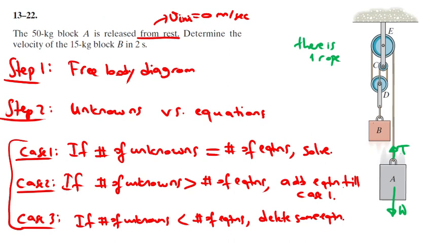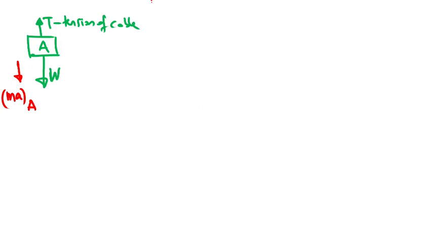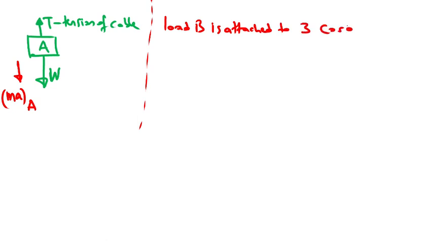Then comes case B. Case B is a little bit different because you can see that A is supported by this structure, but B is supported by 3 structures. So load B is attached to 3 cables, 3 cords actually.